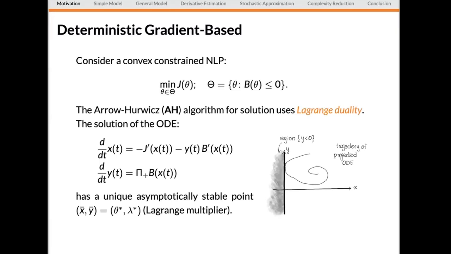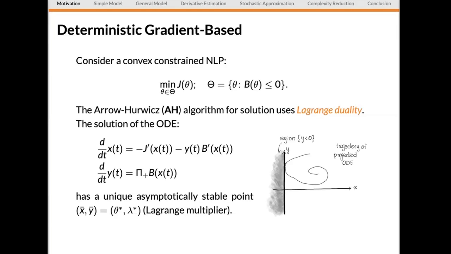This algorithm uses Lagrange duality. On the x-axis, which corresponds to theta, the main control, it tries to minimize. But on the Lagrange multiplier axis, it tries to maximize, and that's why it's called the saddle point. On one dimension you want to go up, on the other dimension you want to go down, and the optimal point is called the saddle point.